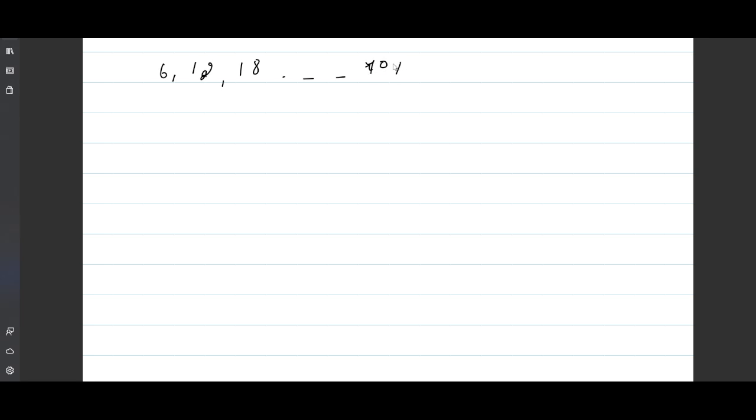14th term. So what is the formula? Sn is equal to n by 2, 40 by 2, into 2a. So 2a is equal to 6 into 2, 12, plus n minus 1, 40 minus 1, so this is equal to 39 into 6.